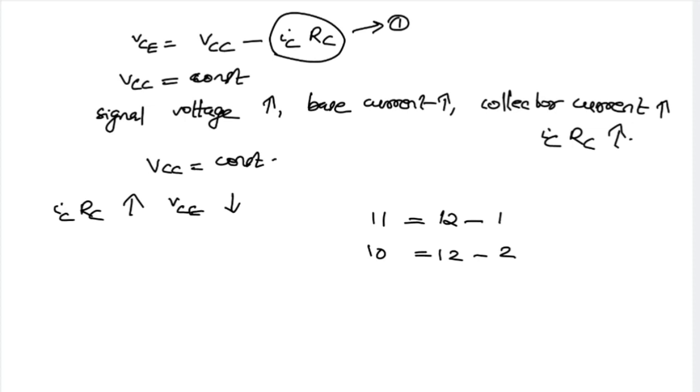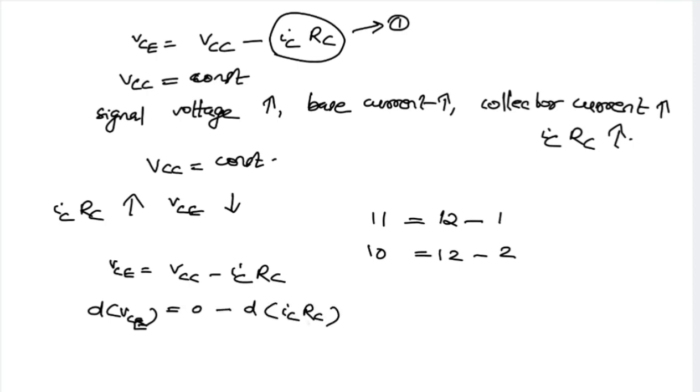We can easily prove that from equation 1 by taking the derivative on both sides. Equation 1 is VCE equal to VCC minus ICRC. Taking the derivative, we know that VCC is a constant, so its derivative is 0, minus the derivative of ICRC.